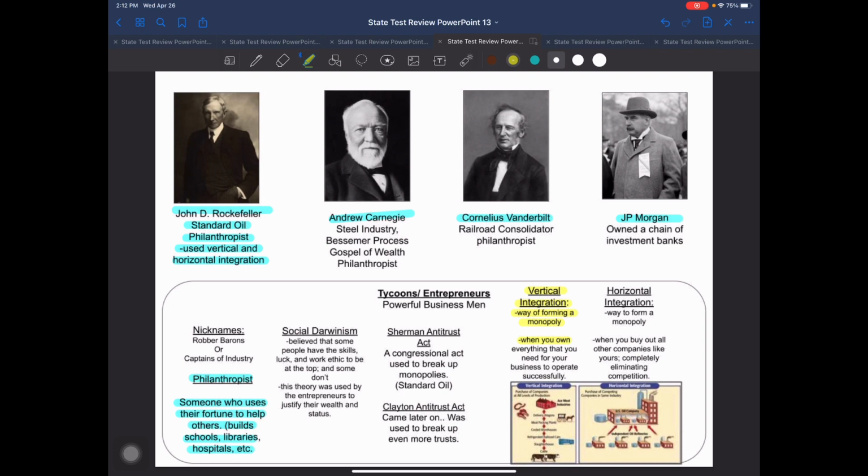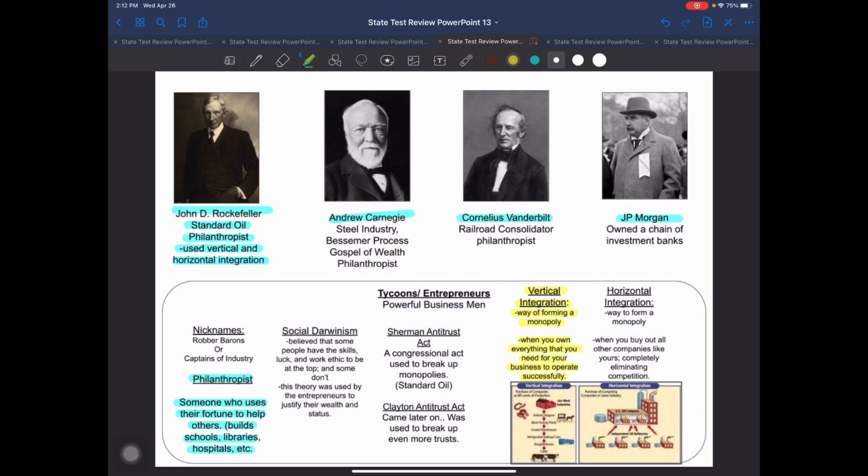And again, as he grew his company to be super successful, when it says that he used vertical integration, he gets to the point where, as a company, he owns everything that he needed for his company to be successful.